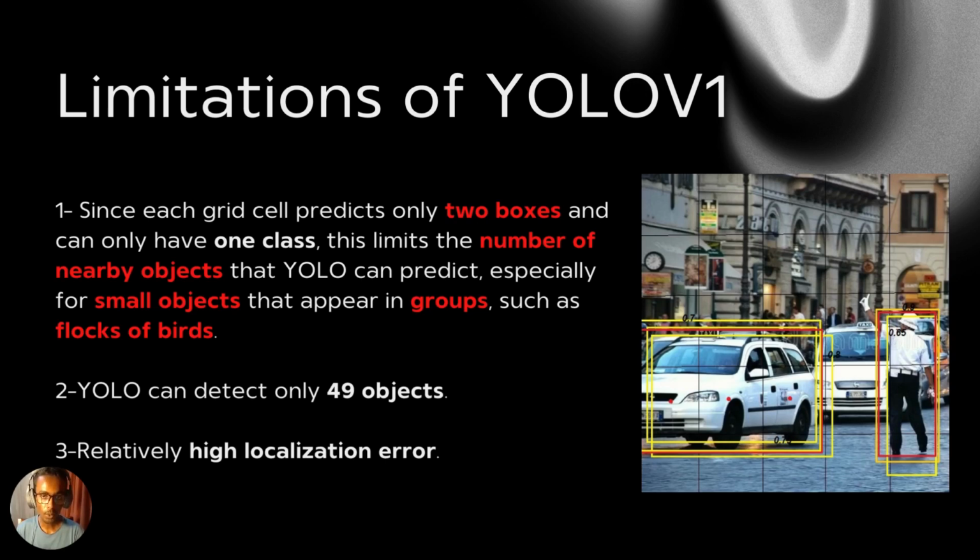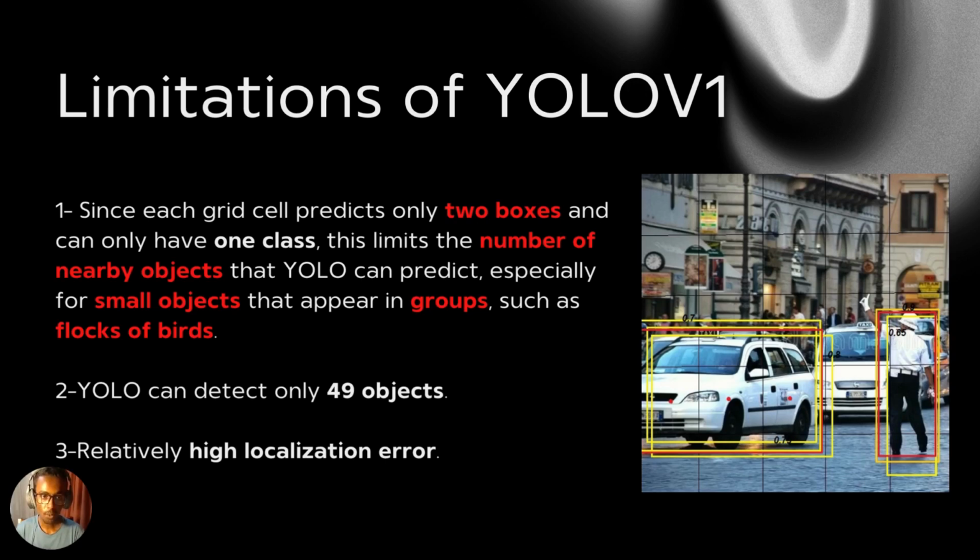For example, even those taxis in the back that are overlapping, or a bunch of people very close to each other in an image: if you don't use a finer grid than 7x7, since each grid cell is responsible for predicting one object, it's going to miss some of the objects because those are not going to be detected.